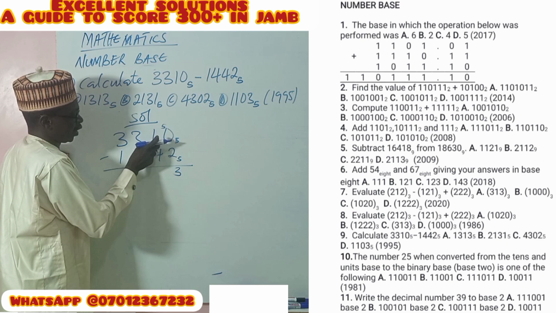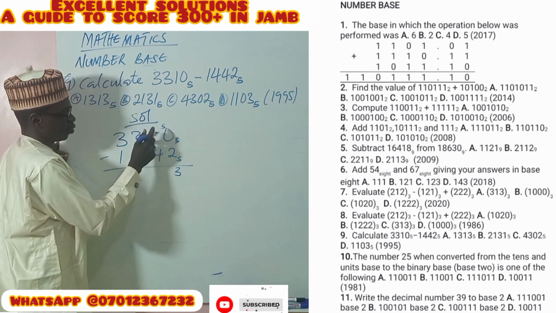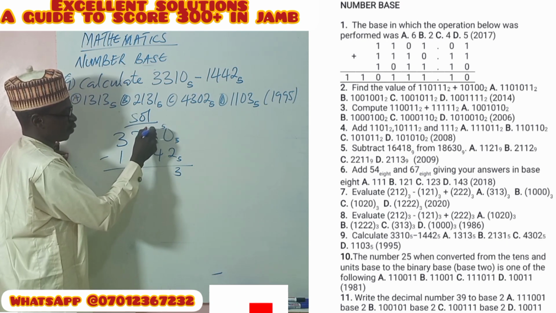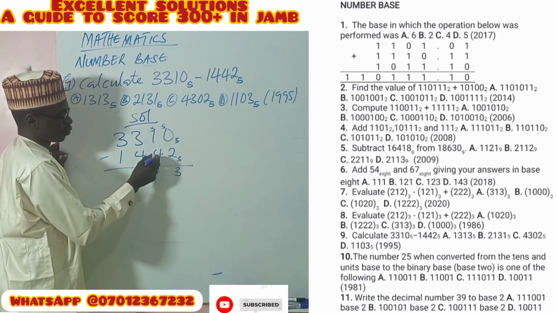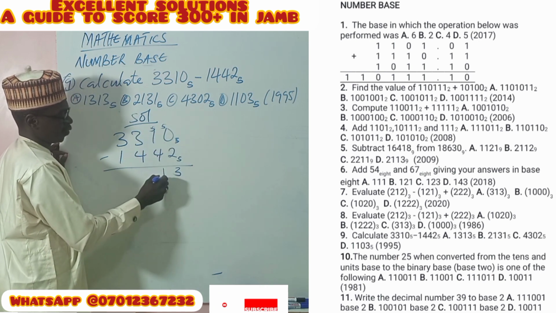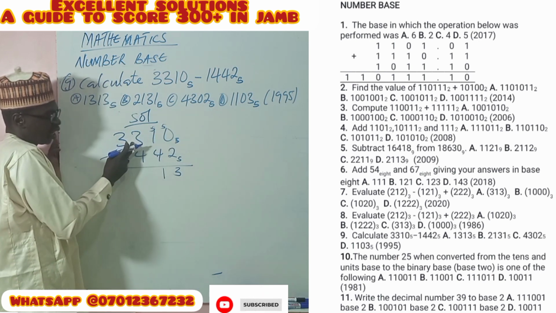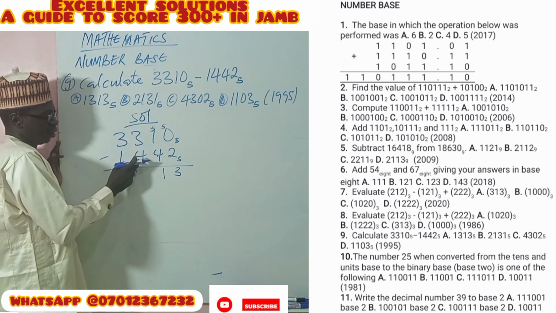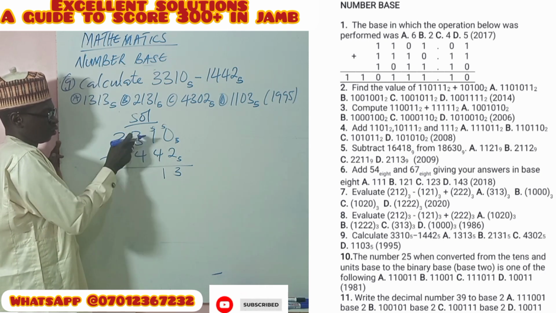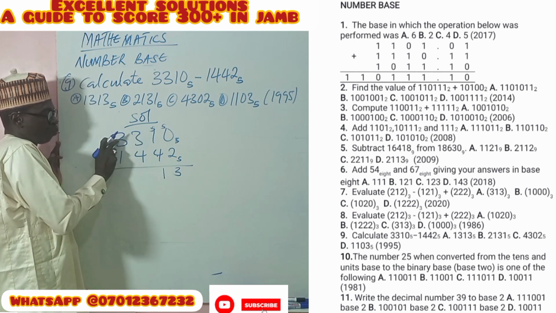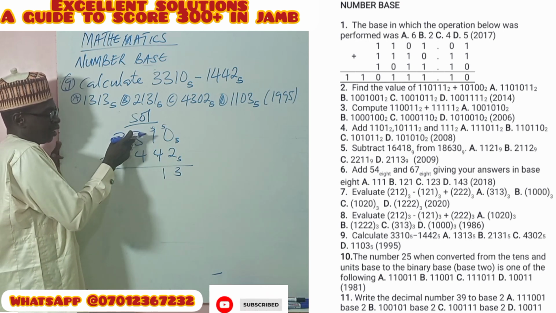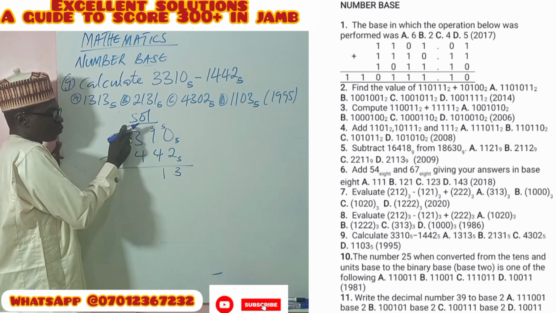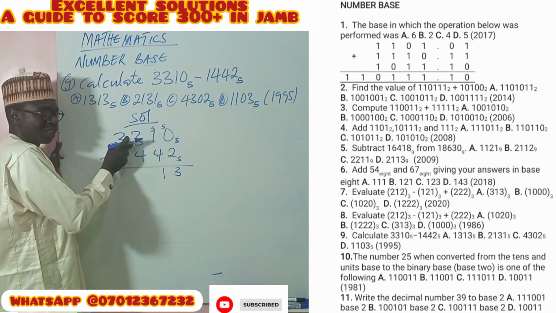If we borrow 1 five and add it to this 0, it is going to be 5. So 5 minus 4 is now 1. Then we are left with 2 fives here. 4 cannot be subtracted from here. We still borrow 1 five from here and add it to this one. It now becomes 5 plus 2, which is 7.